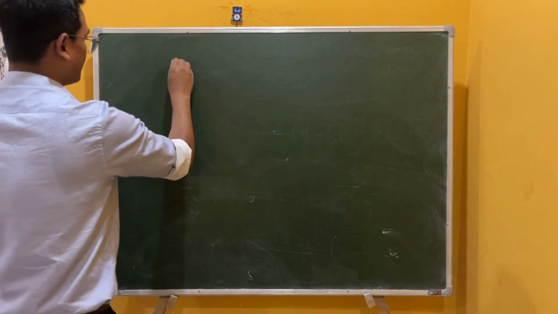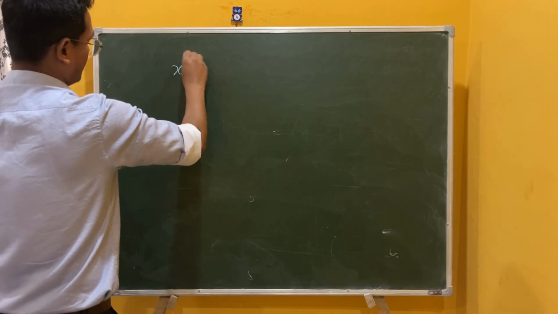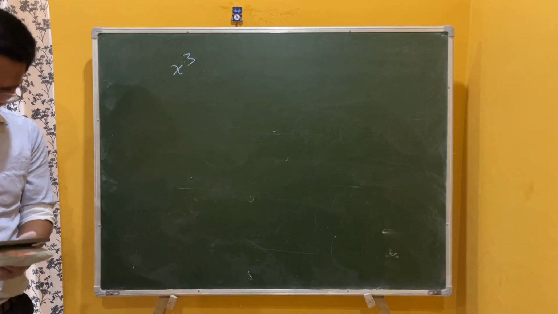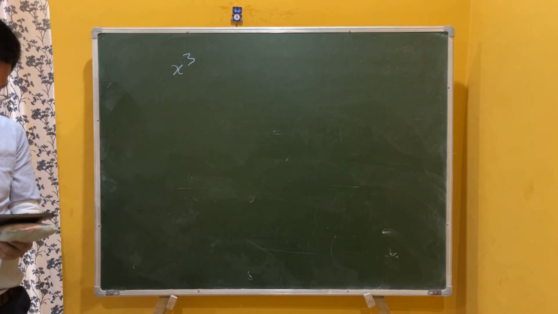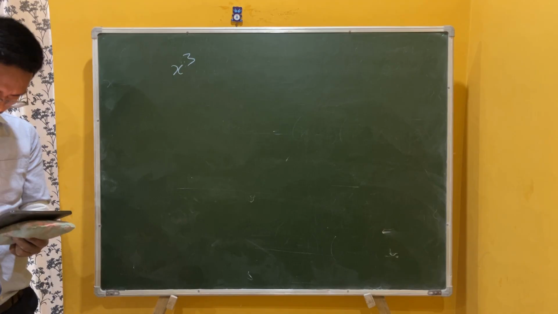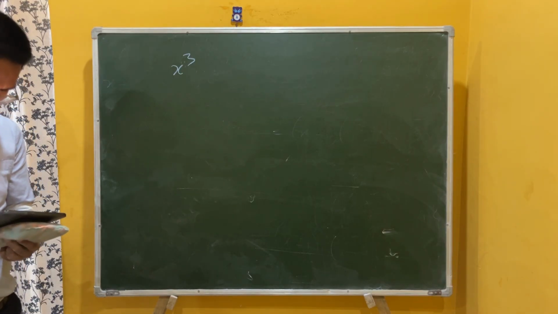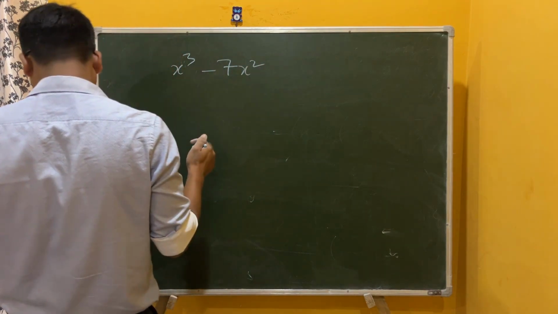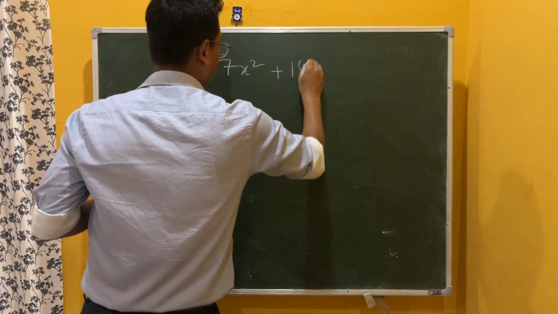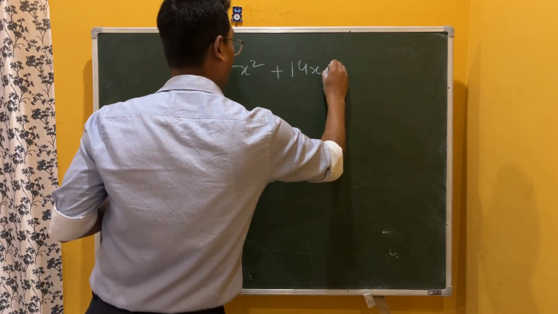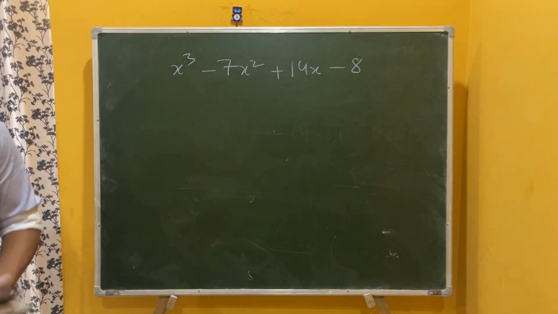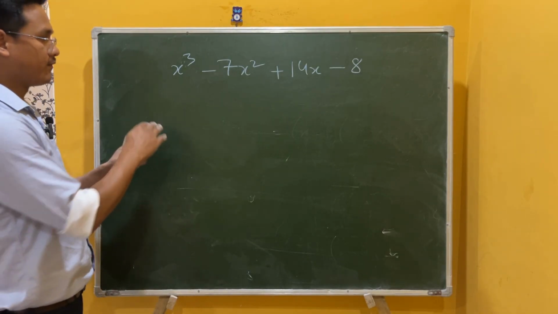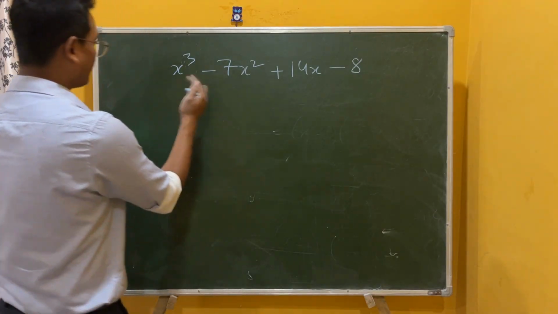The polynomial is x cube... right. So this is the given polynomial which we'll have to factorize.